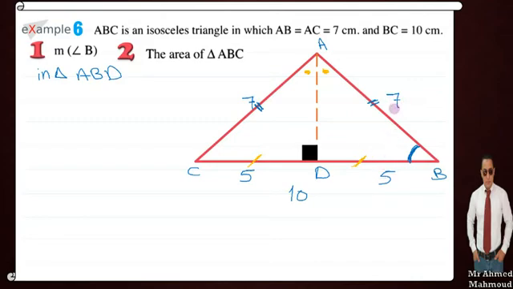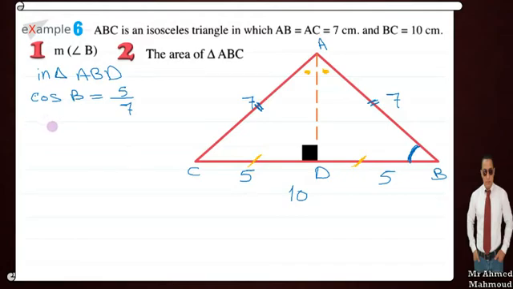Adjacent over hypotenuse is the cosine of angle B. Then cosine B equals 5 over 7. Why do I find the cosine? Because I need the sine, cosine or tan to find the angle using shift.